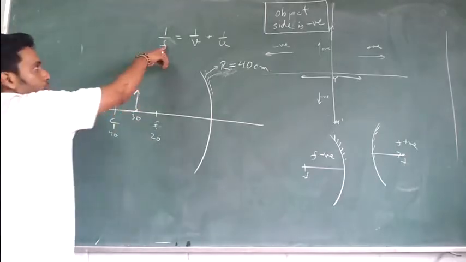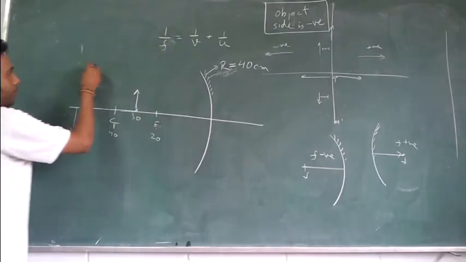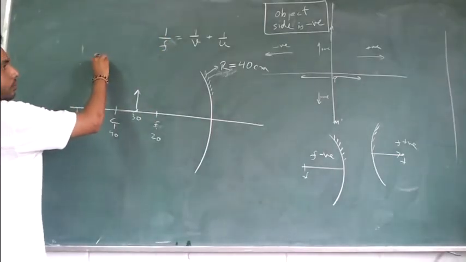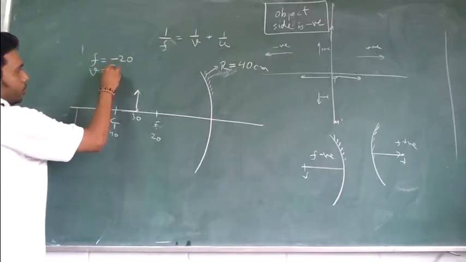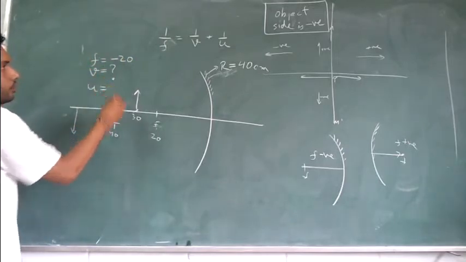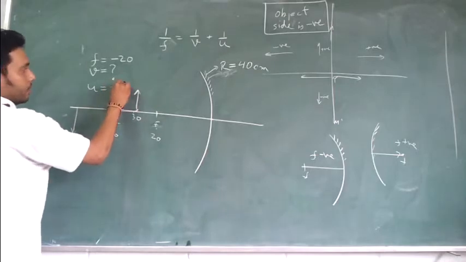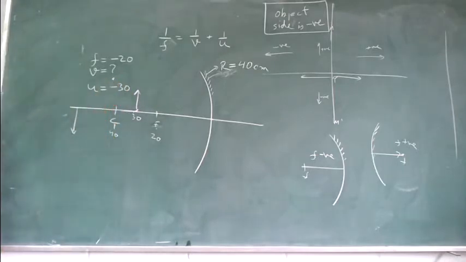Now you will apply the formula. Straight away, first of all you will write F is equal to minus 20, V is equal to, you don't know, U is equal to minus 30. Any doubt?